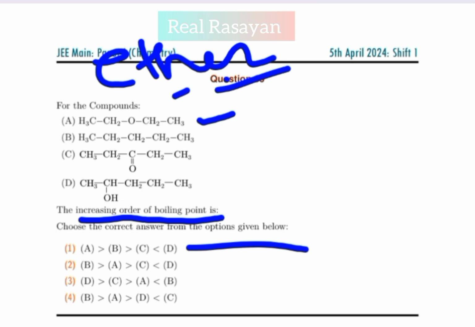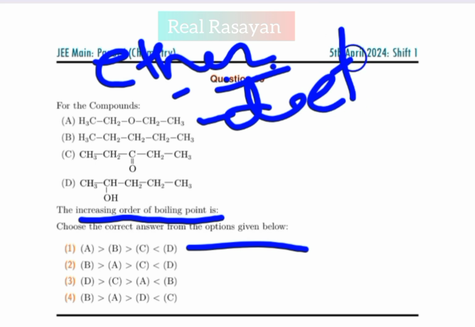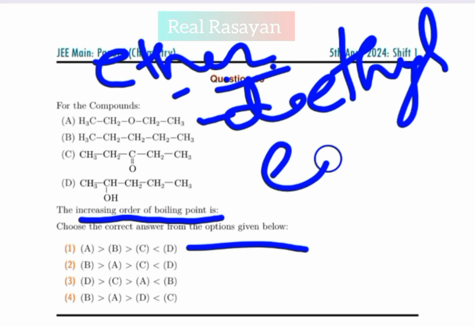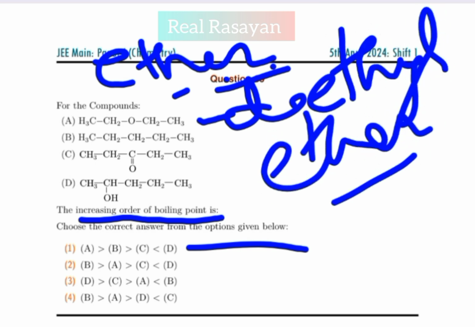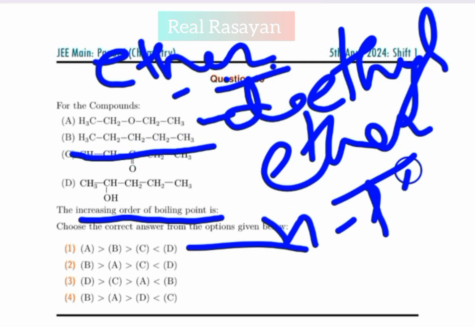The name of this compound is diethyl ether. The second one is N-pentane. So overall 5 carbon atoms are there: 1, 2, 3, 4, 5. So this is N-pentane.